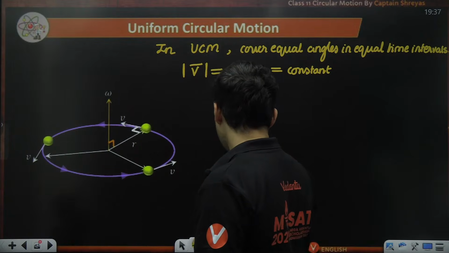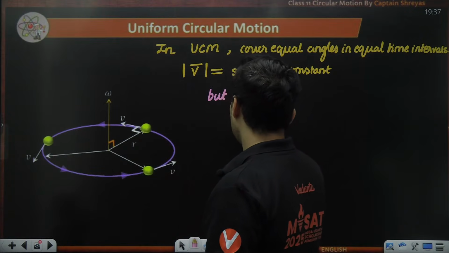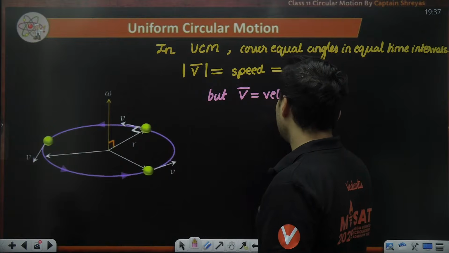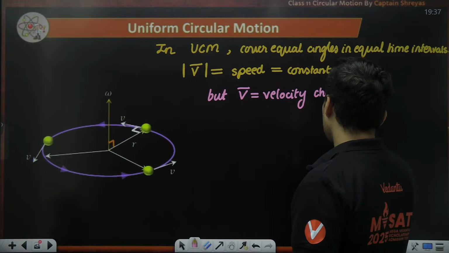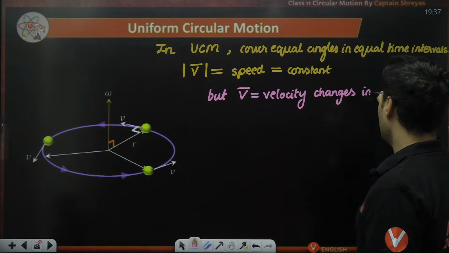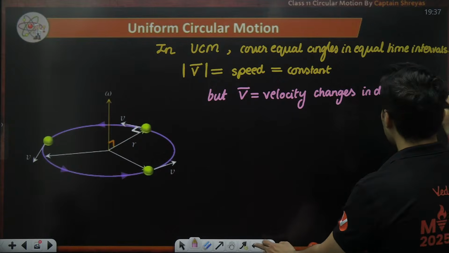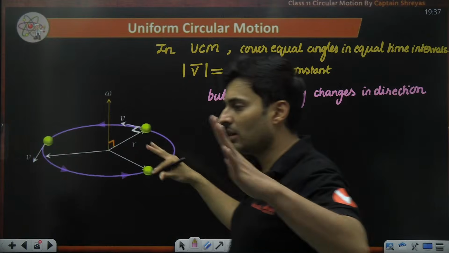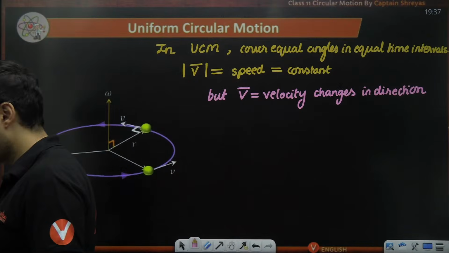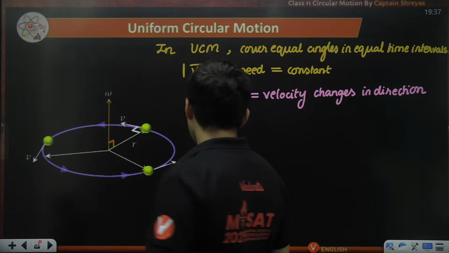But keep in mind, this is very important, V bar, which is velocity, changes in direction. So as a vector, it is not constant. Vector wise, it is not constant.